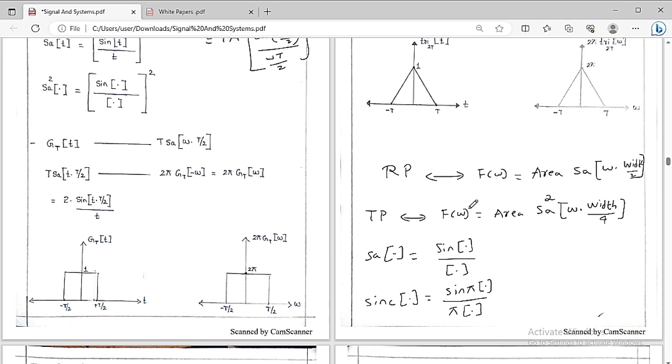For the rectangular pulse, the Fourier transform is area into sa of omega into width by 2. For the triangular pulse, it is area into sa of omega into width by 4, whole square. Only for sa do you have to do the square. Sa of dummy variable is sine of the dummy variable by the dummy variable, and sinc of the dummy variable is sine pi of the dummy variable by pi times the dummy variable.